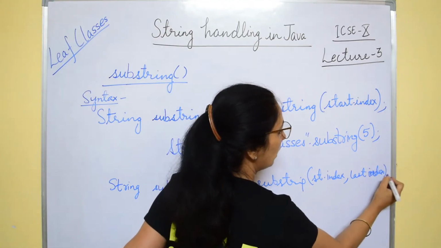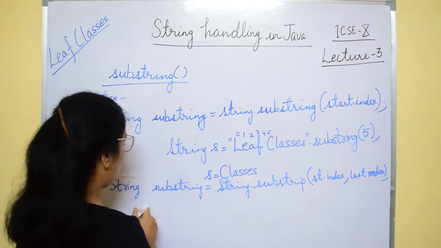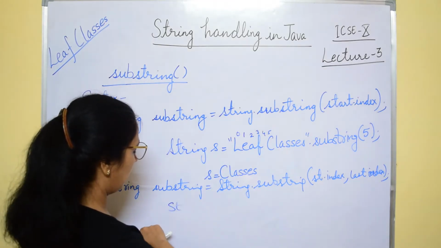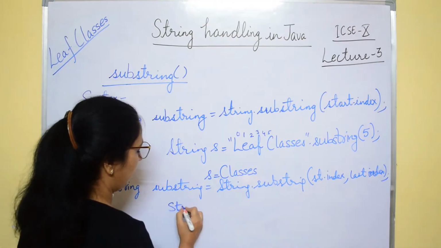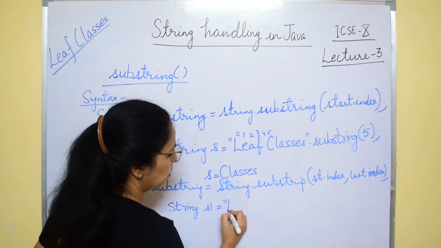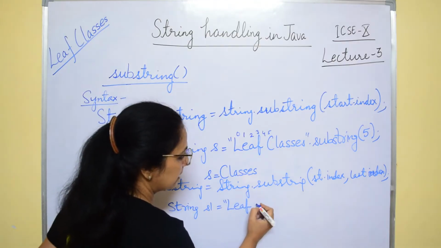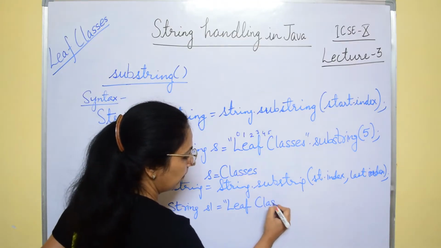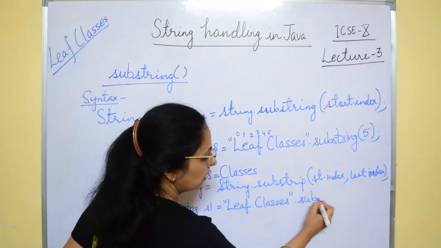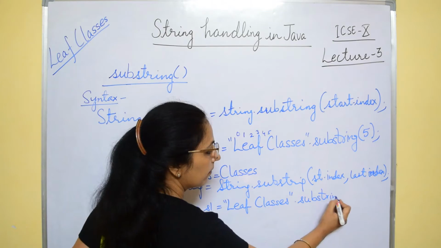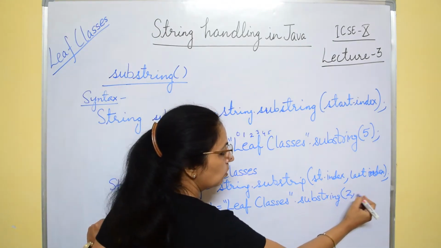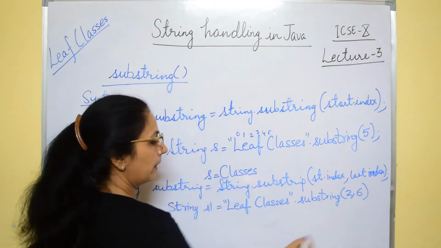Okay, so let's take another example. String s1 equals to "leaf classes" within double quotes, dot substring, and here I write 2, 6.